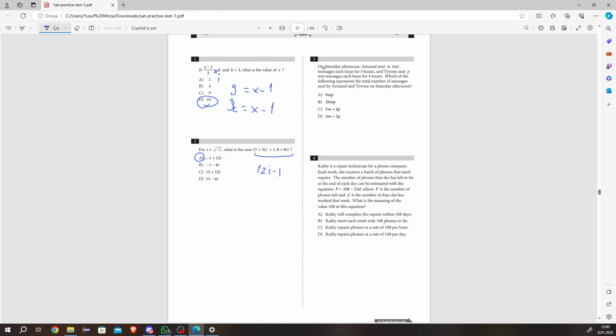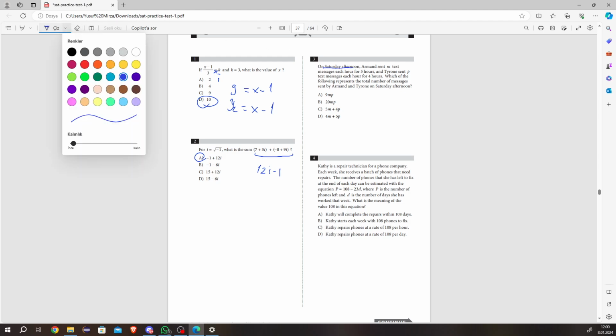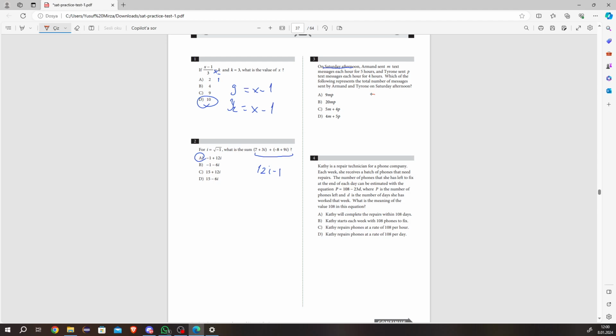In a practical, normal way, we can solve questions like that. 5 hours and each hour is m, for the other it is p, and we can simply select C as the correct answer.